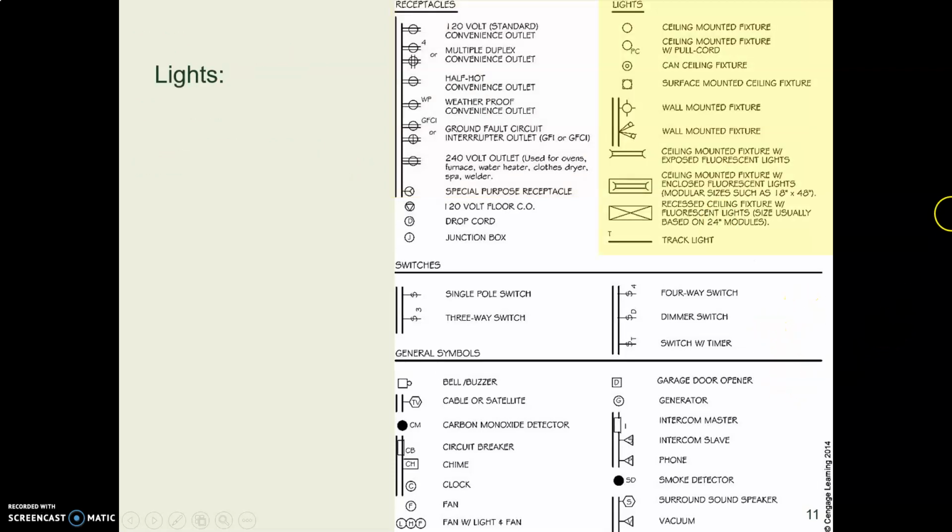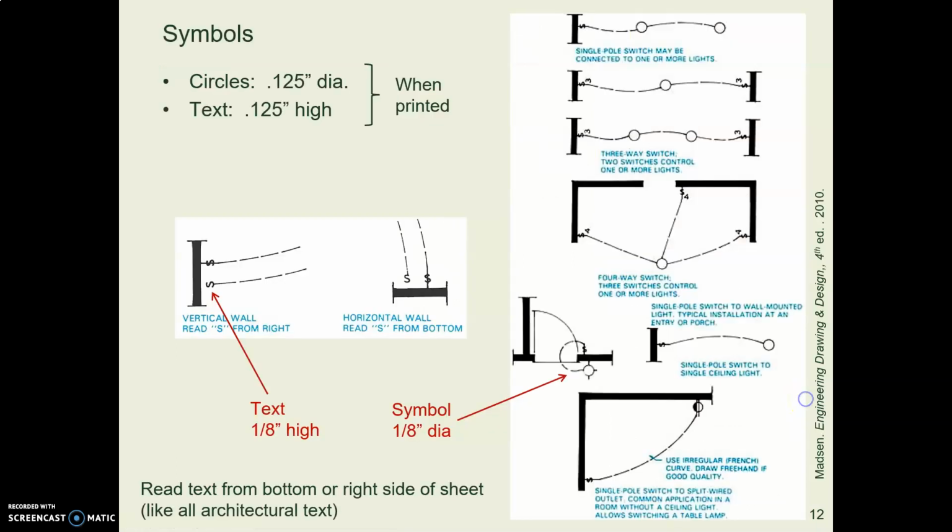For lighting, a plain old light fixture in the ceiling is an 1/8 inch circle. A plain old light fixture on the wall is an 1/8 inch circle with these legs sticking out. Ceiling mounted fixtures are rectangles, and here's a fluorescent light fixture. So you can see they're fairly simple shapes.